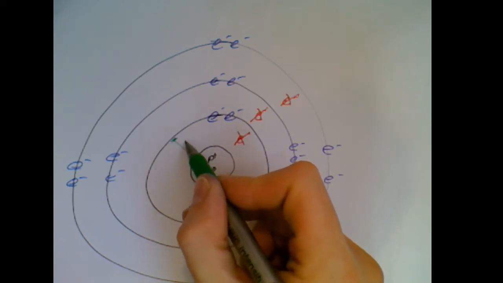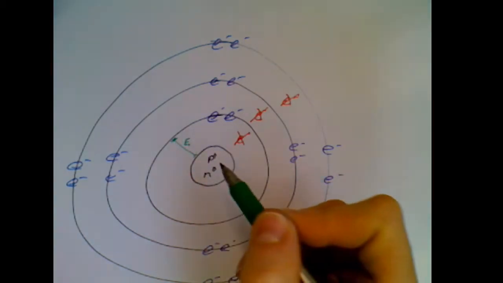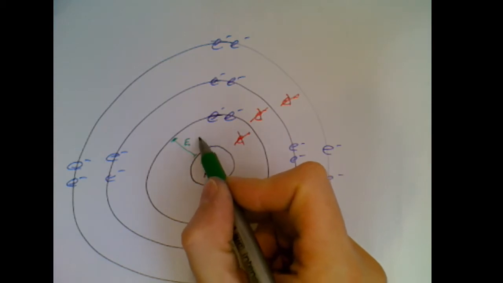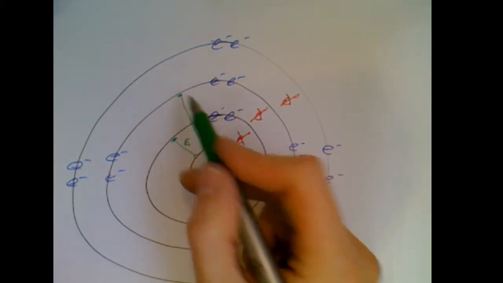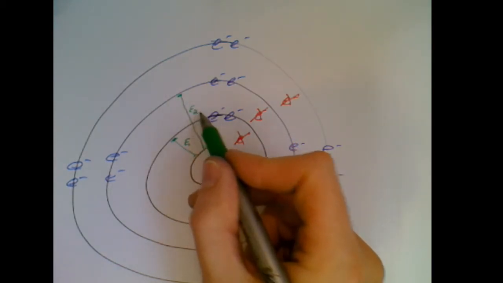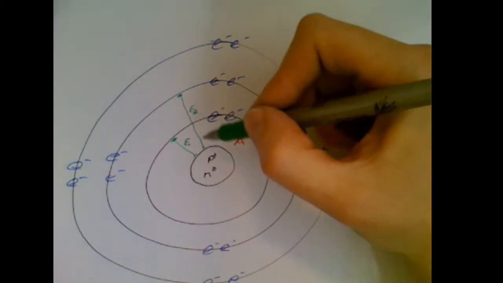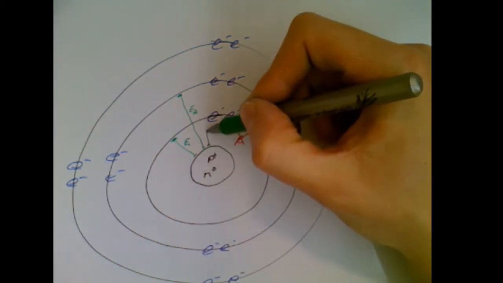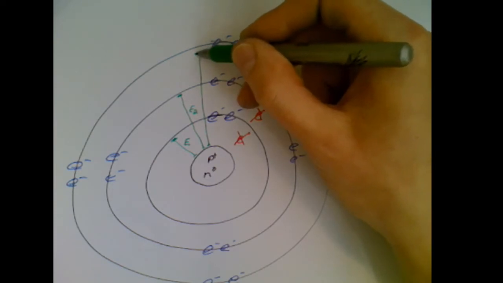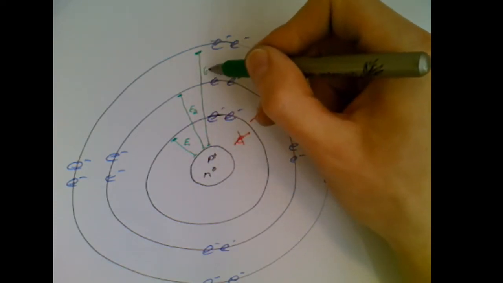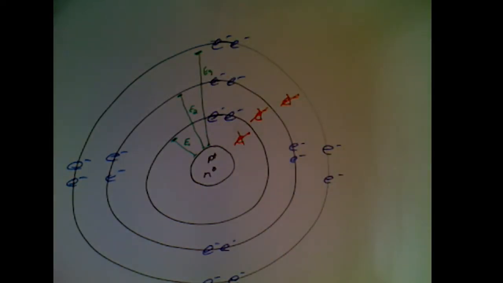So from there to there is one energy level. From here to my next orbital, that would be a different energy level. And then you even have another energy level that goes all the way out to there. And you may even have more that extend further on, depending on how many orbitals are really in that atom.